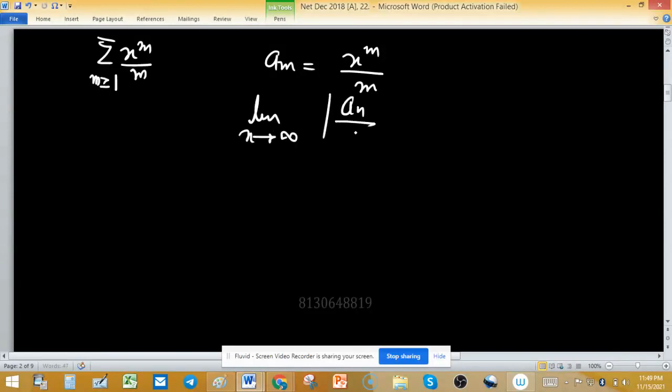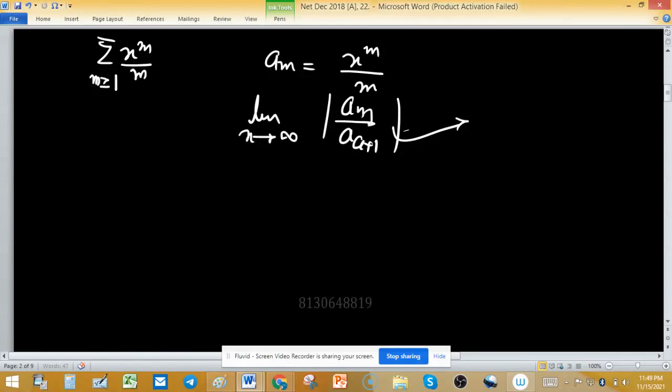Using the ratio test, we have to find the limit as m tends to infinity of mod of a_m upon a_m plus 1. We need to take this because we are checking absolute convergence of the series. If the series is absolutely convergent, then it will be convergent. So we need to take the mod of this expression.